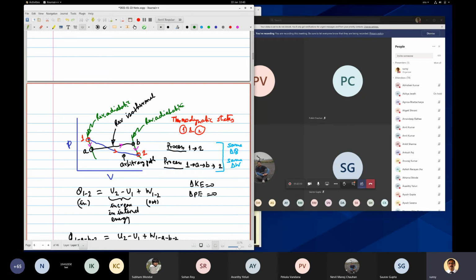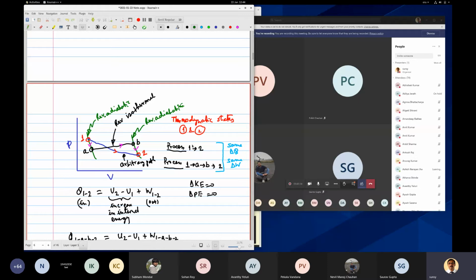Now let us take some arbitrary path 1 and 2. So this is reversible adiabatic, this is reversible adiabatic. We have connected them by a reversible isothermal, and again connect them by some arbitrary path 1 and 2.